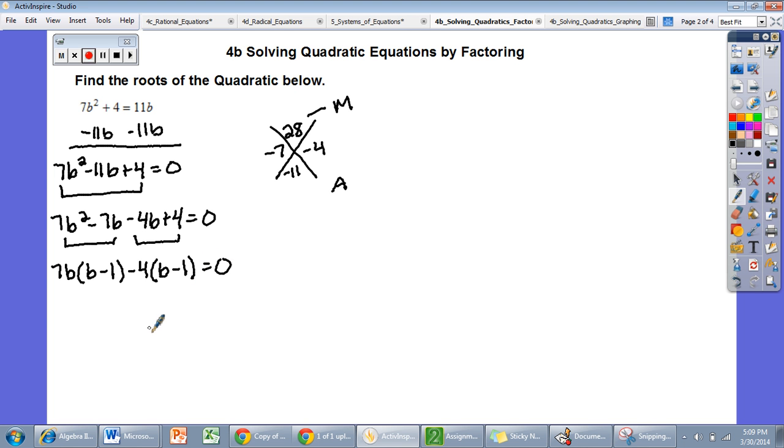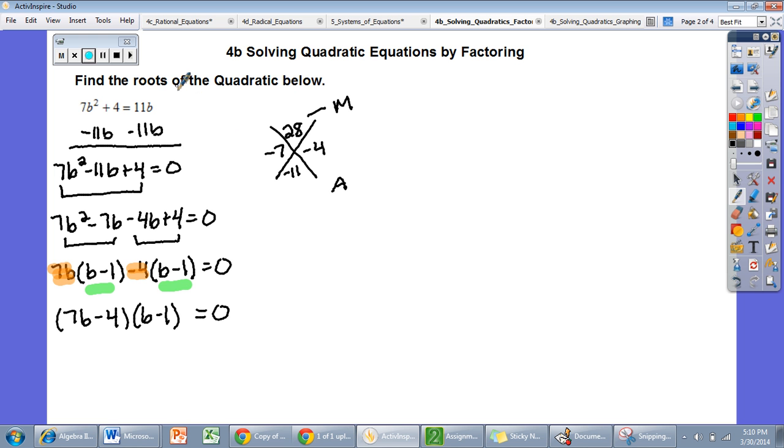So now I know that I am writing this 7b with this negative 4, and then I would put just one of these because those have to be the same. So I have one parentheses of 7b minus 4 and one parentheses of b minus 1, and it's equal to 0. So that is what this quadratic is factored.